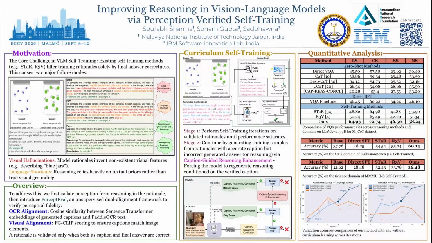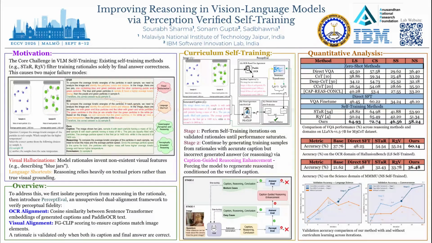Now, to check whether the generated caption aligns with the visual details or not, we use FG-clip. FG-clip is similar to clip. In clip, it takes an input image and a short phrase about the image, and it generates a score of whether the short phrase aligns with the image or not. In FG-clip, instead of a short phrase, we can give a long caption also.